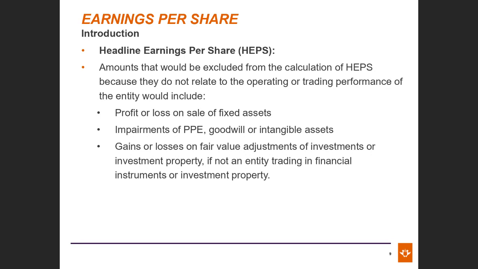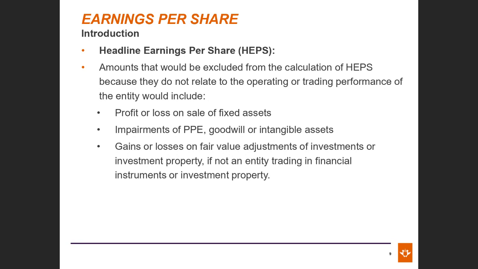Okay, correct. So when we have profit or loss on the sale of an item of a fixed asset, this is not directly as a result of the trading of your business. So we need to strip this out and exclude it from our profit when we are calculating our headline earnings per share.